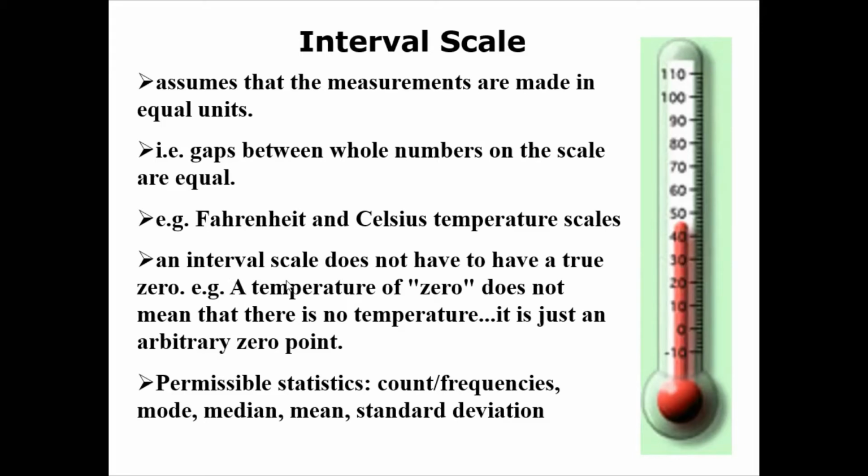The first thing, interval scale assumes that there should be an equal interval between one point on the scale and the next. 10 to 20 is a 10 difference, 20 to 30 is a 10 difference, and 30 to 40, like that, it goes in equal intervals.